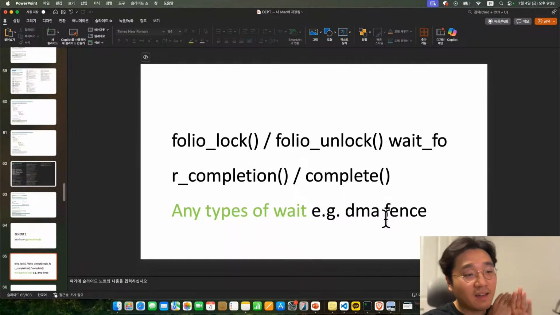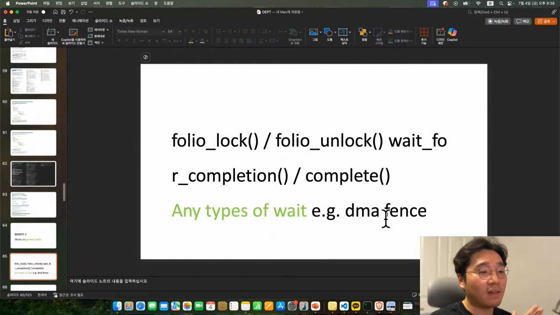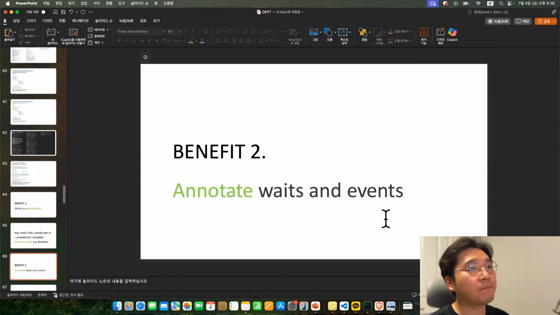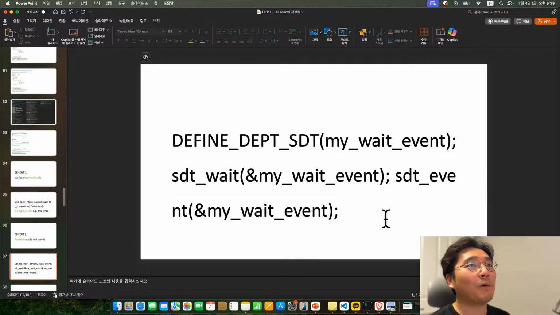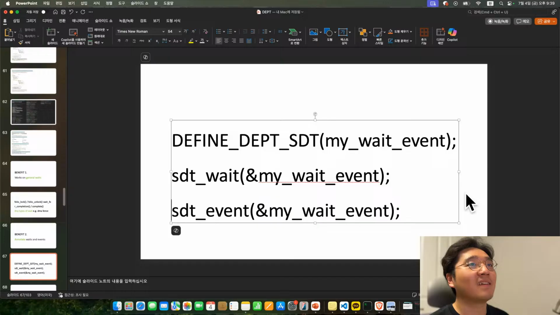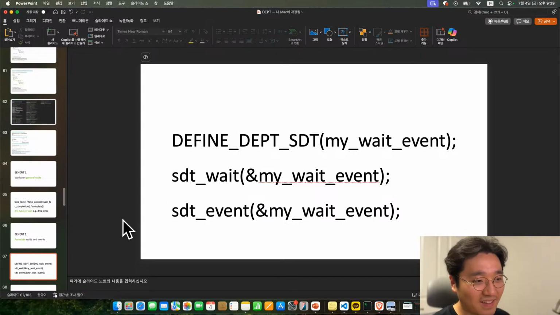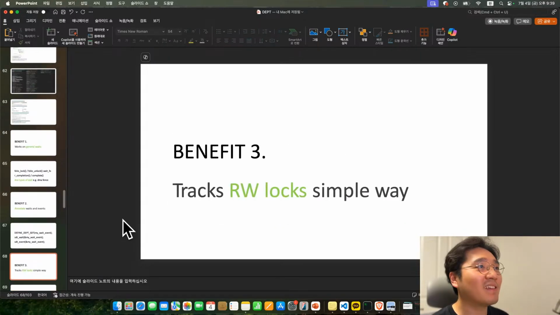This is waiting for some event to occur, right? Annotating the waiting event, we can utilize Lockdep's annotation from the lock context, right? So we can add these things.